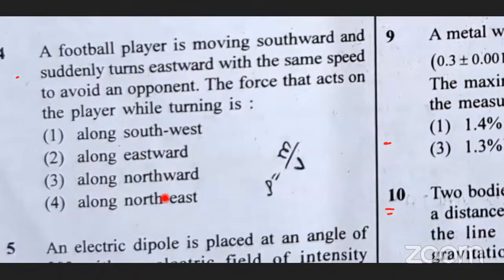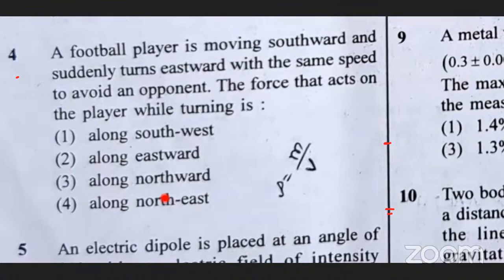Then the fourth question: a football player is moving southwards and he suddenly turns eastwards with the same speed to avoid an opponent. The force that acts on the player while turning is asked.